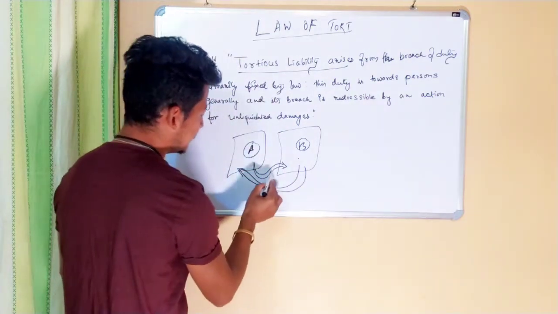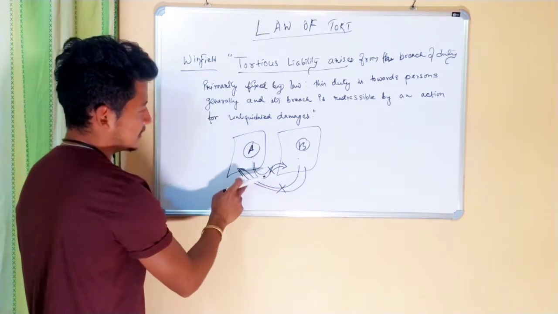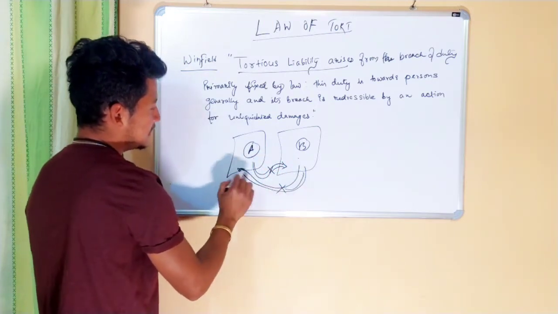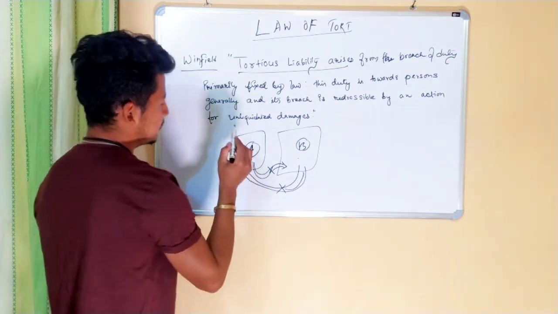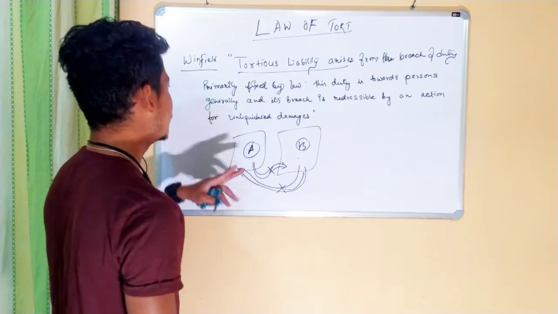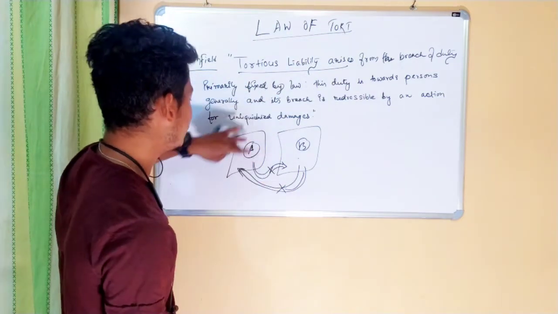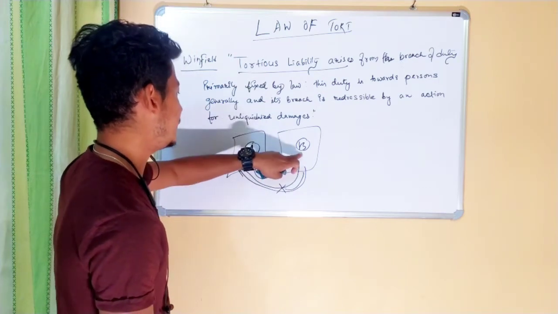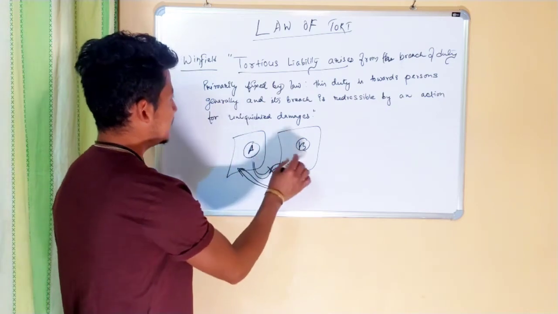If A does something defamatory to B, and B does something defamatory to A, vice versa, then the duty is being breached. A defamed B, so the duty is breached.